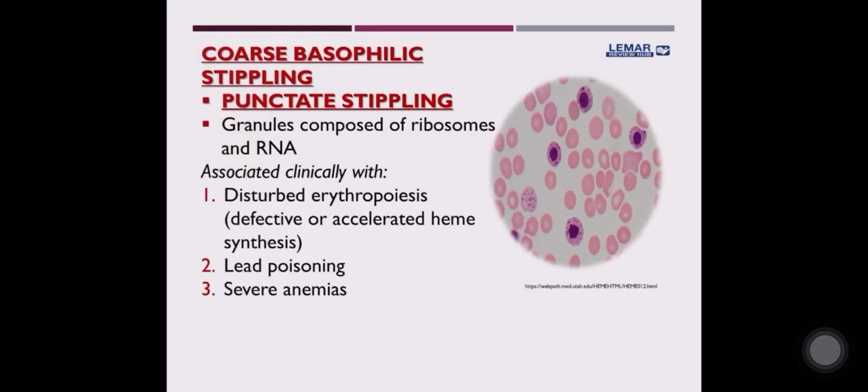Coarse basophilic stippling or punctate basophilia, this inclusion consists of ribosomes and RNA. They are seen in disturbed erythropoiesis, defective or accelerated heme synthesis, lead poisoning, severe anemias.